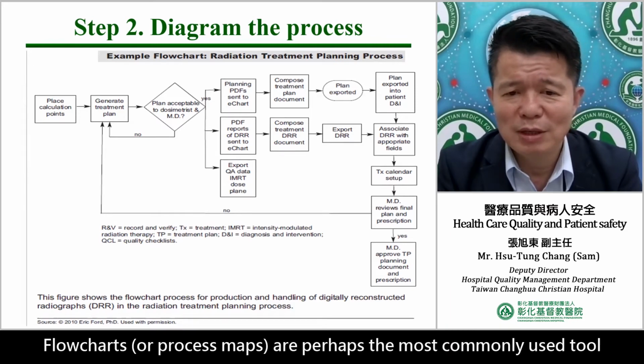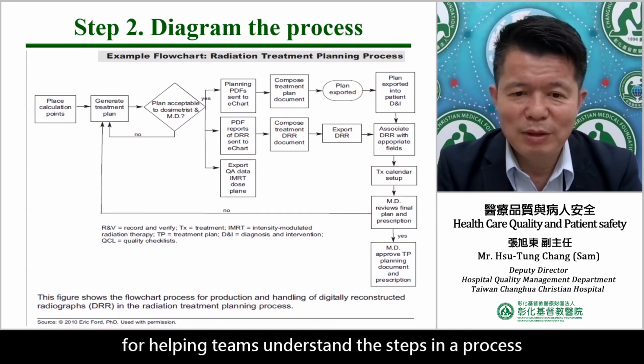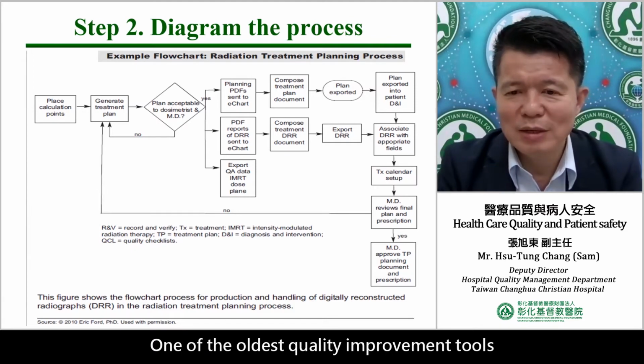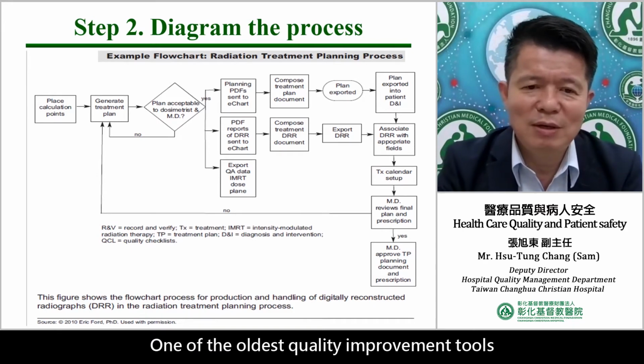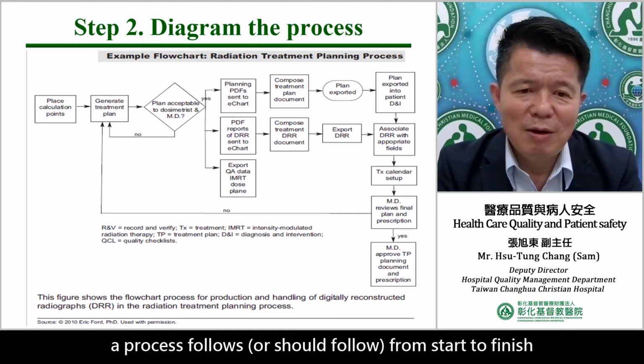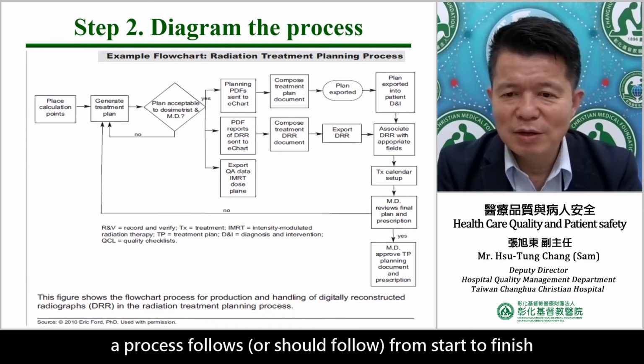Flowcharts or process maps are perhaps the most commonly used tool for helping teams understand the steps in a process. One of the oldest quality improvement tools, a flowchart is a graphic representation of the path a process follows or should follow from start to finish.